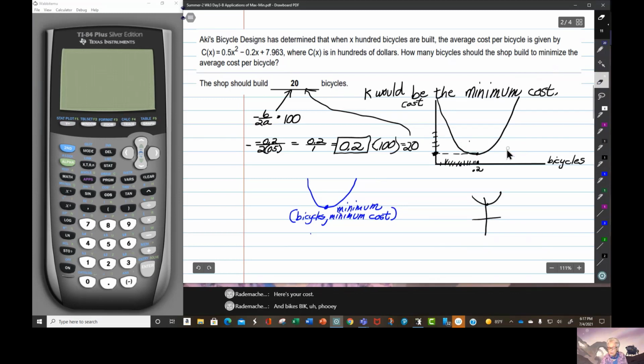All right, so we'll do this. Now make an arrow. This is going to be bikes, because I don't want to take the room to spell out bicycles. Bikes and cost.